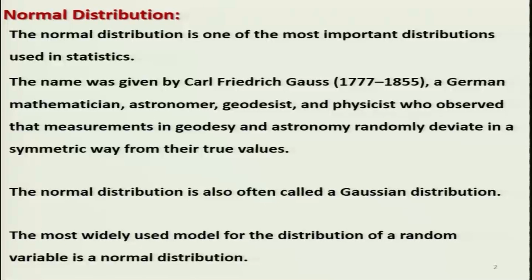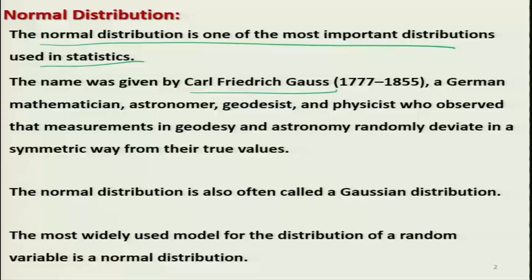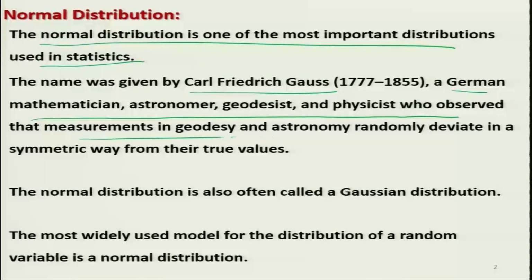Okay, so the normal distribution is one of the most important distributions used in statistics. The name was given by Carl Friedrich Gauss, a German mathematician, astronomer, geodesist and physicist, who observed that measurements in geodesy and astronomy randomly deviate in a symmetric way from their true values.